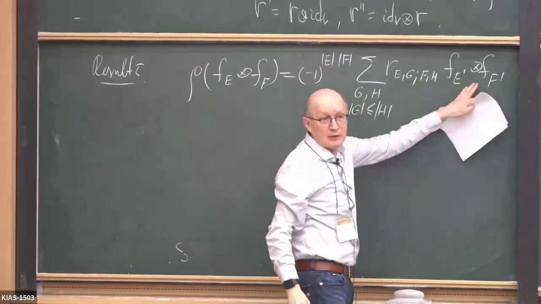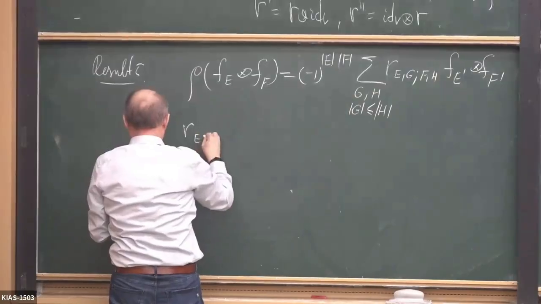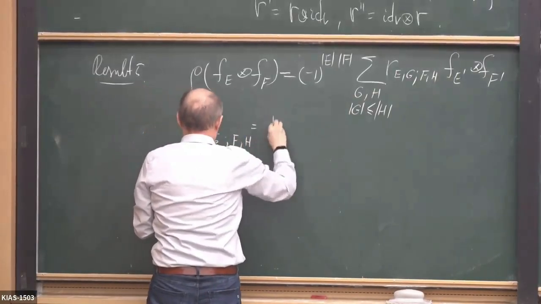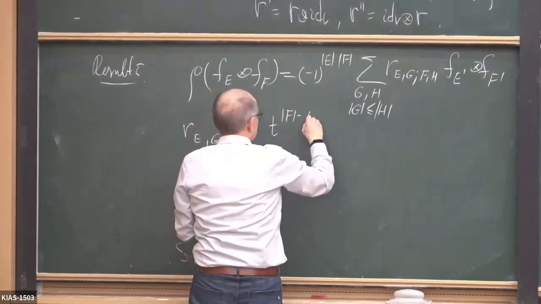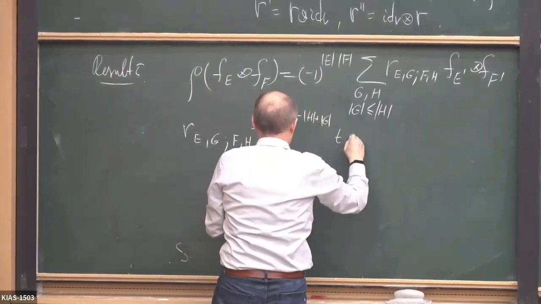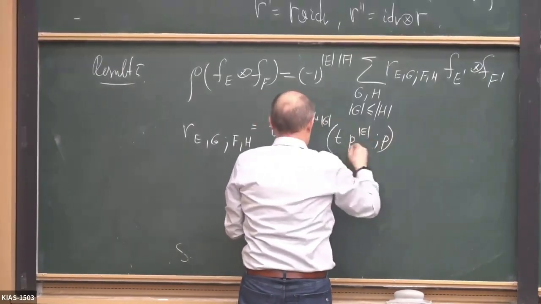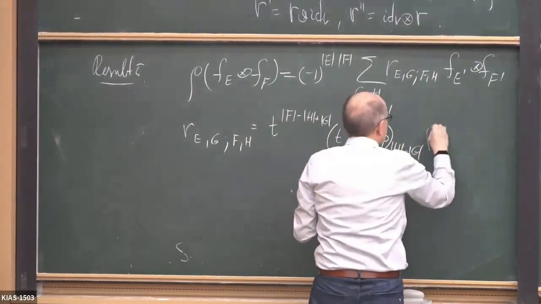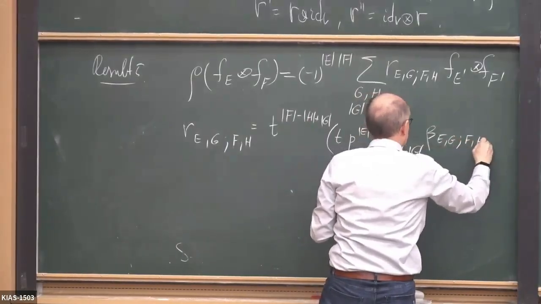So the meaning of the notation is the same as before, but with a new formula for the coefficient: t to the power size of F minus size of H plus size of G, times t Pochhammer P to the power size of E, times beta.